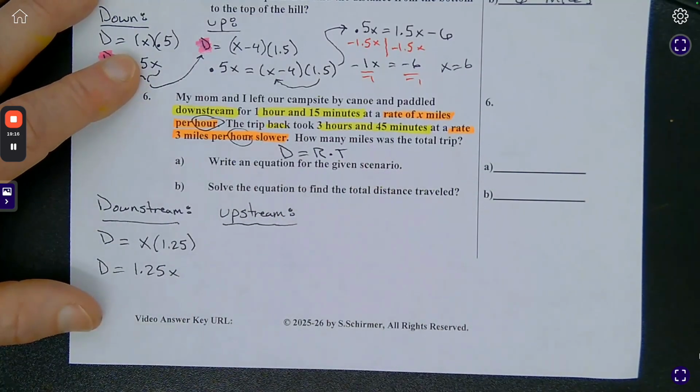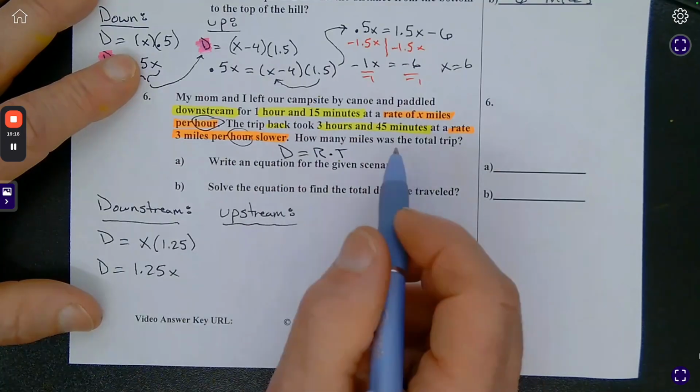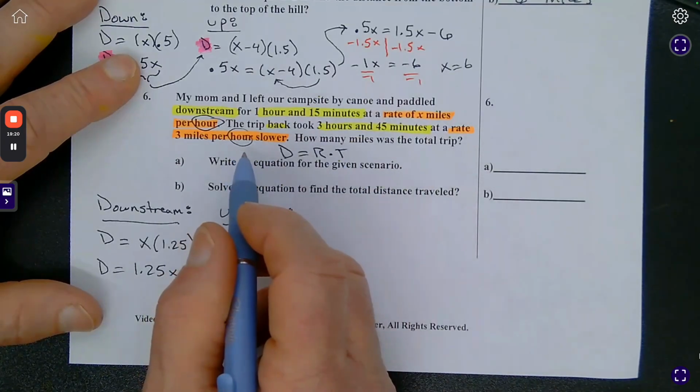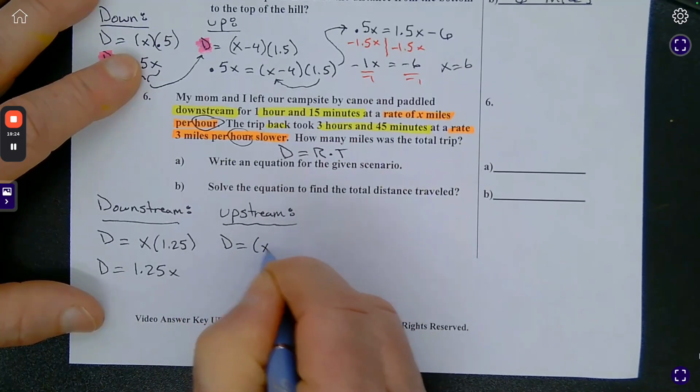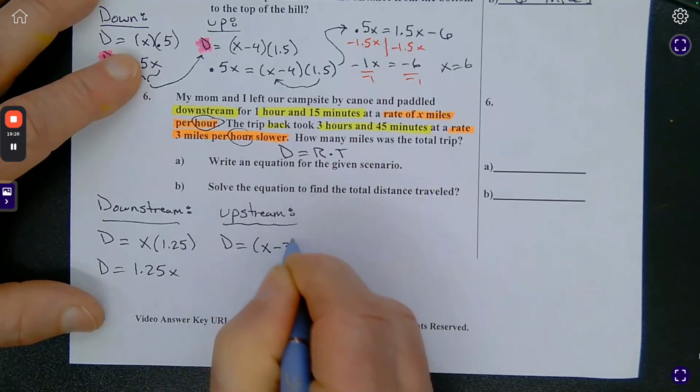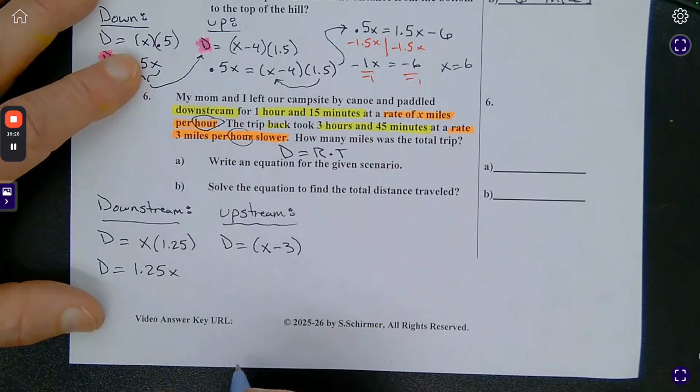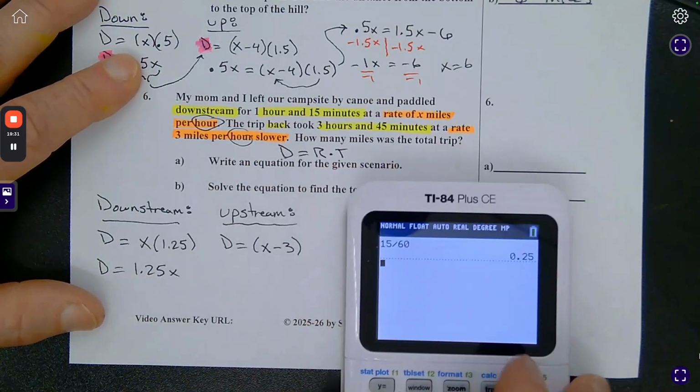Now let's go upstream. Upstream, I have a rate of 3 miles per hour slower, so my distance upstream is the rate downstream minus 3. And it took me 3 hours and 45 minutes. I know I have 3 hours, but what's 45 minutes in hours?